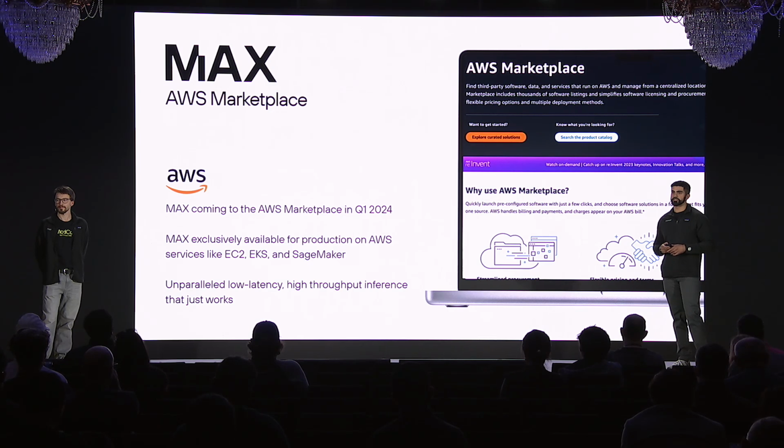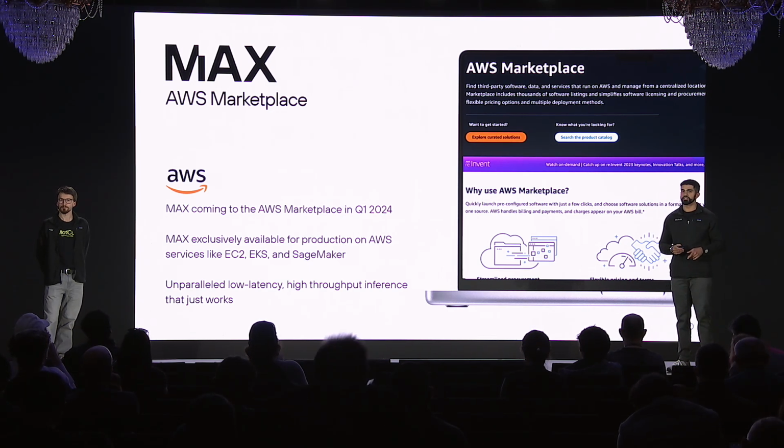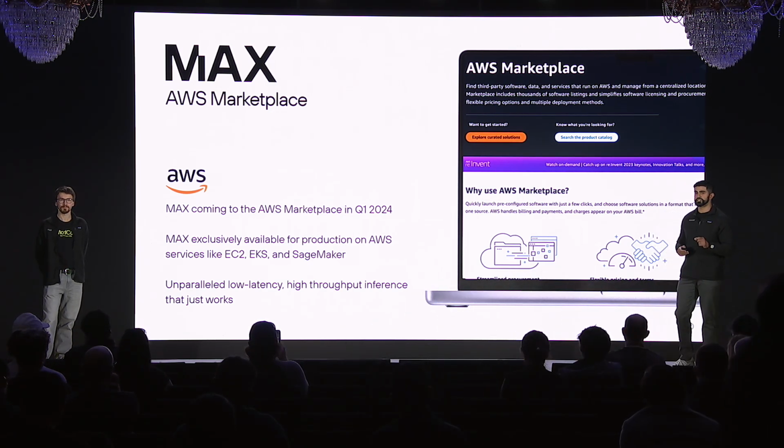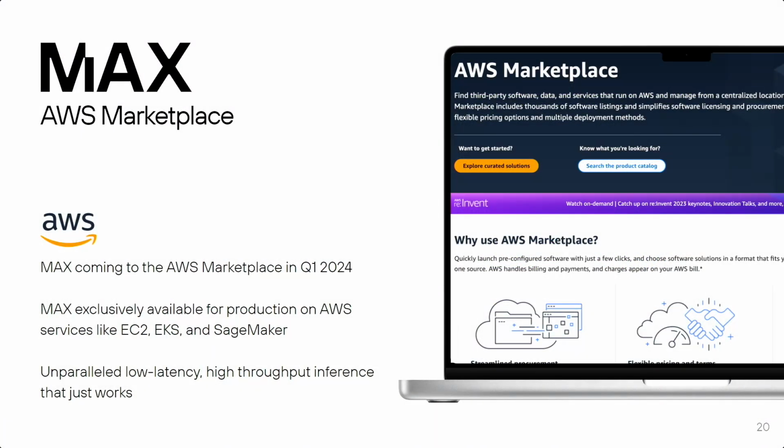AWS Marketplace is the go-to solution for enterprises seeking to deploy MAX into their existing services running on AWS, including on EC2, EKS, and SageMaker. With our marketplace offering, you will get access to unparalleled, low latency, and high throughput inference that just works.